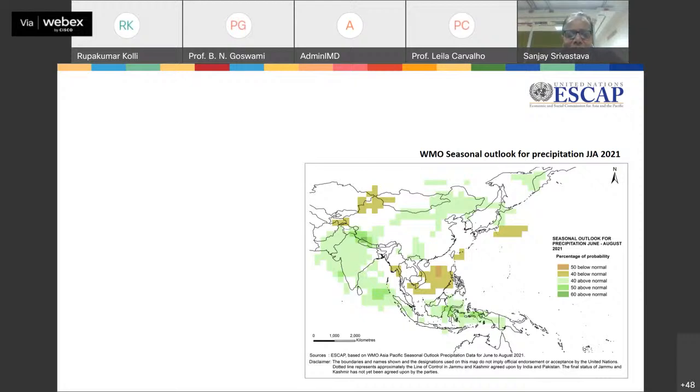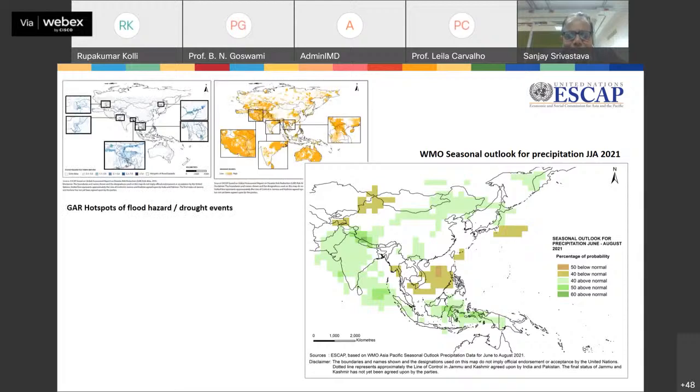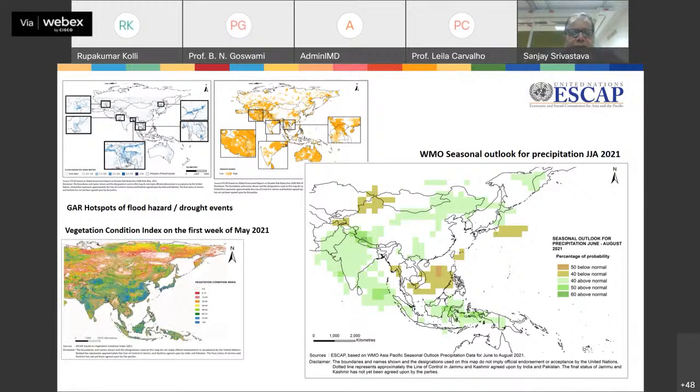So if you click the next one, yes, you see before you translate this seasonal outlook, you have to see your hot spot of drought and flood in Asia Pacific regions. So left-hand side, it indicates the hot spot of drought, floods, and also the vegetation condition during the period when you are making the forecast.